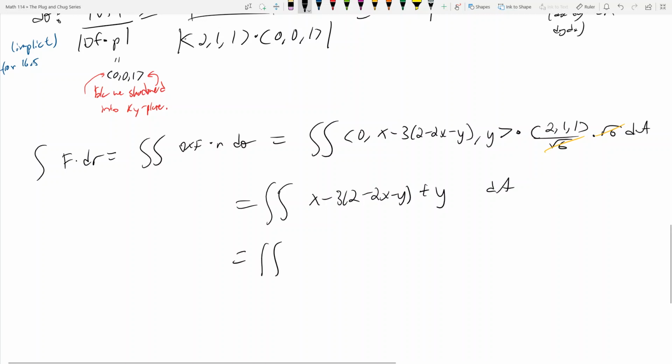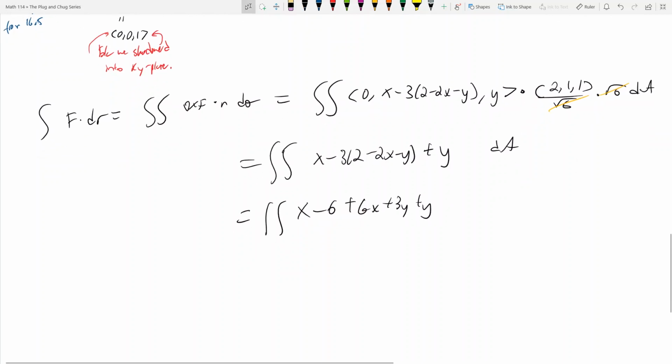And so this is the double integral of x minus 6 plus 6x plus 3y plus y dA. And so this double integral is 7x plus 3y minus 6.